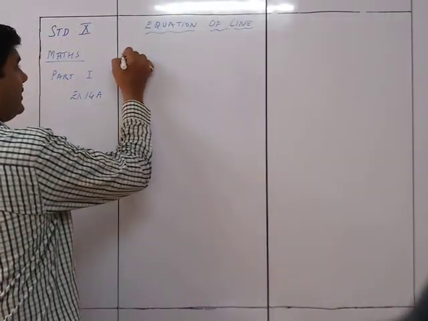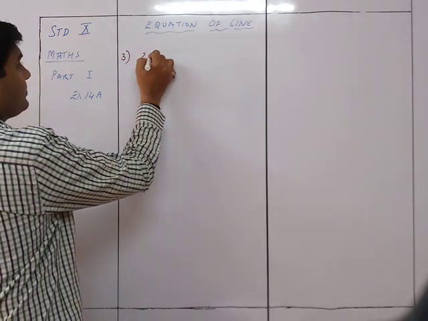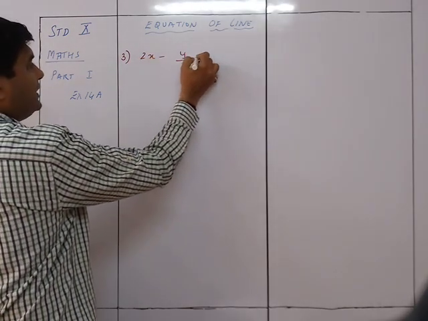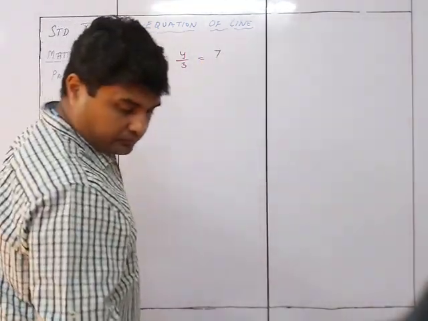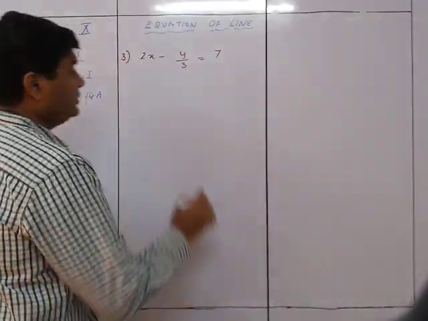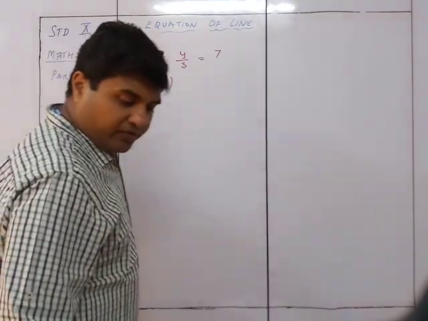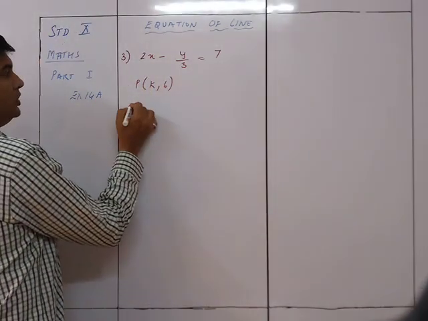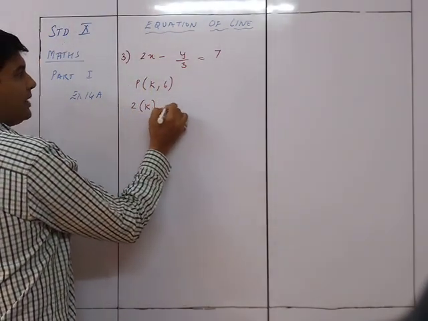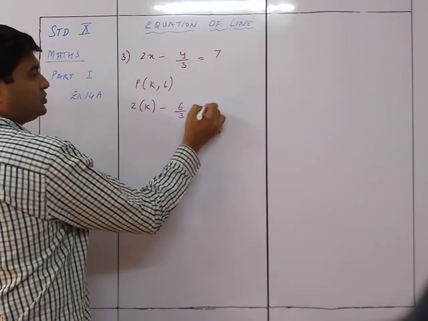Question 3: the line given by the equation 2x minus y upon 3 is equal to 7 passes through the point P, which is (k, 6). You need to find the value of k. So you're just placing it: 2 into k minus 6 upon 3 is equal to 7.